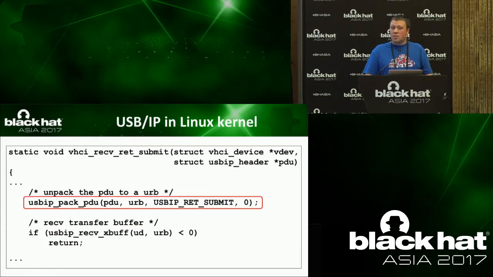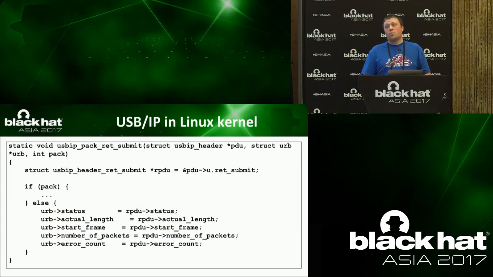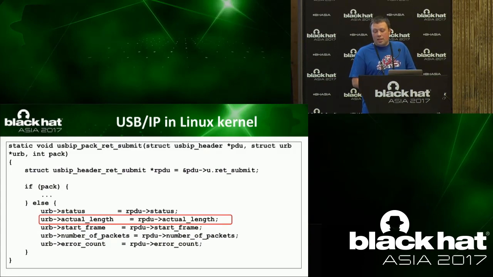One is to parse the header, and the second is to receive the rest of the data from the network. If you dive into the parse header function, the interesting part is that it takes the length from the header and initializes one field in the URB data structure.